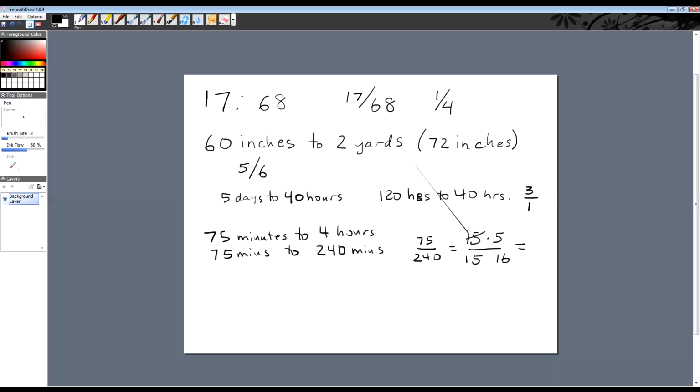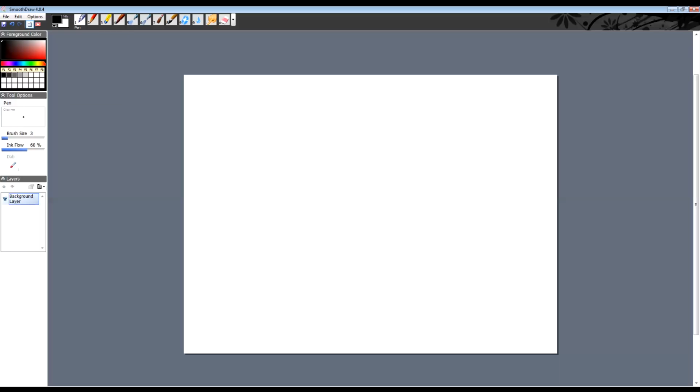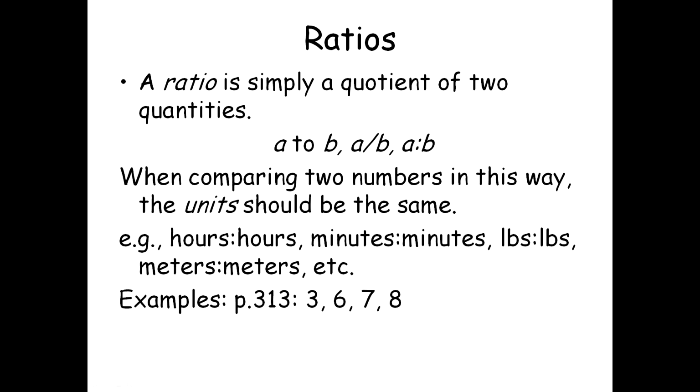And we know that any number divided by itself is 1. So what we're left with is a ratio of 5/16. So these are some examples of ratios, and try some of the other exercises in that section to illustrate further.